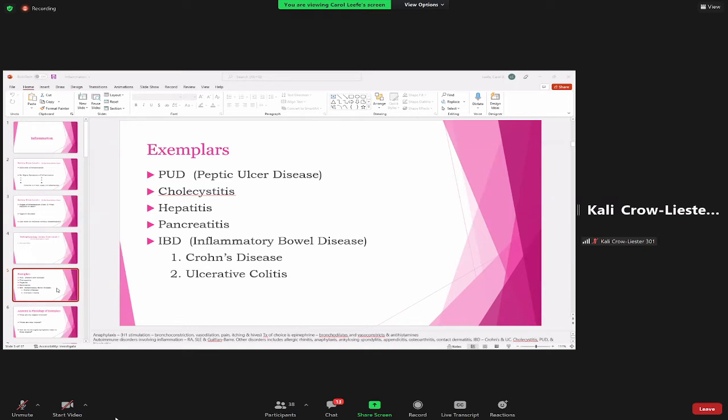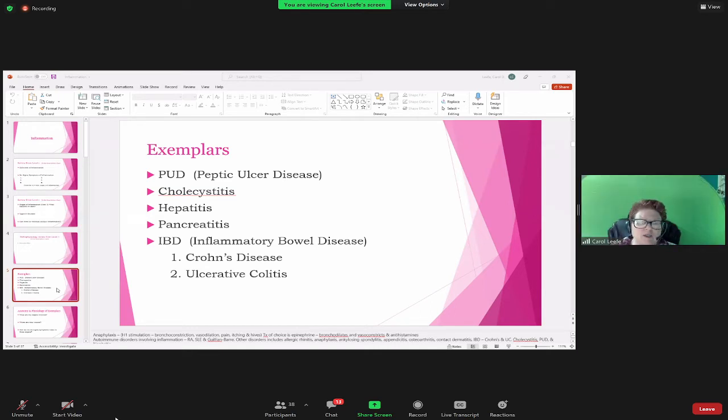Inflammatory bowel disease. Two exemplars. Crohn's disease can happen anywhere from the esophagus all the way to the anus, anywhere in the GI tract. Most notably, it affects the small intestines because there's just a lot of small intestines.